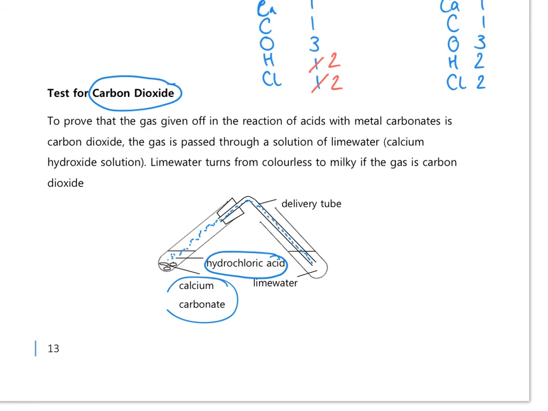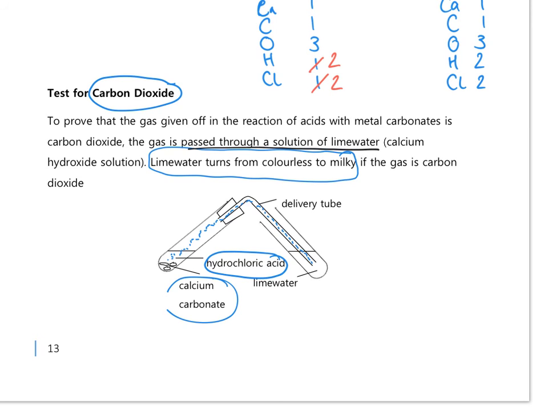Lime water is colourless originally, but when carbon dioxide gas is bubbled through it, it turns milky or cloudy. And this is your main observation that you want to write if you were asked how to test for carbon dioxide. So the test for carbon dioxide is that you pass carbon dioxide through a solution of lime water, and that's here.